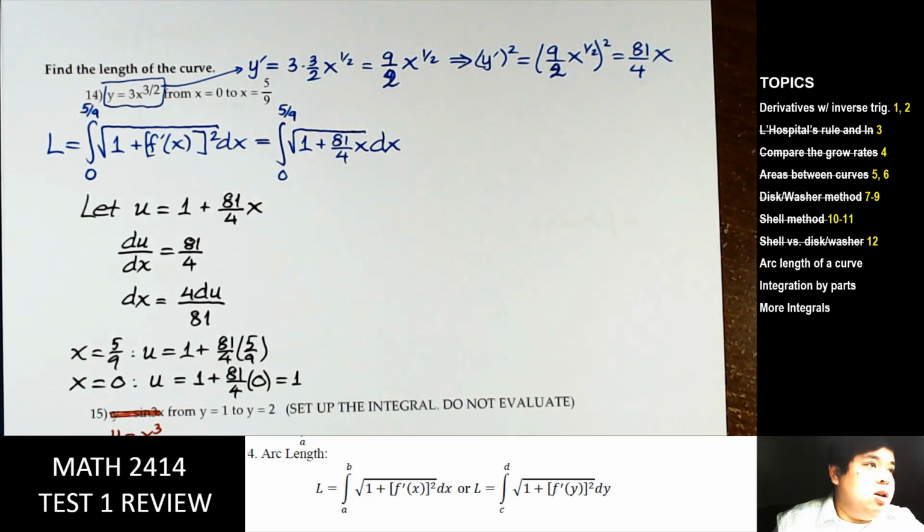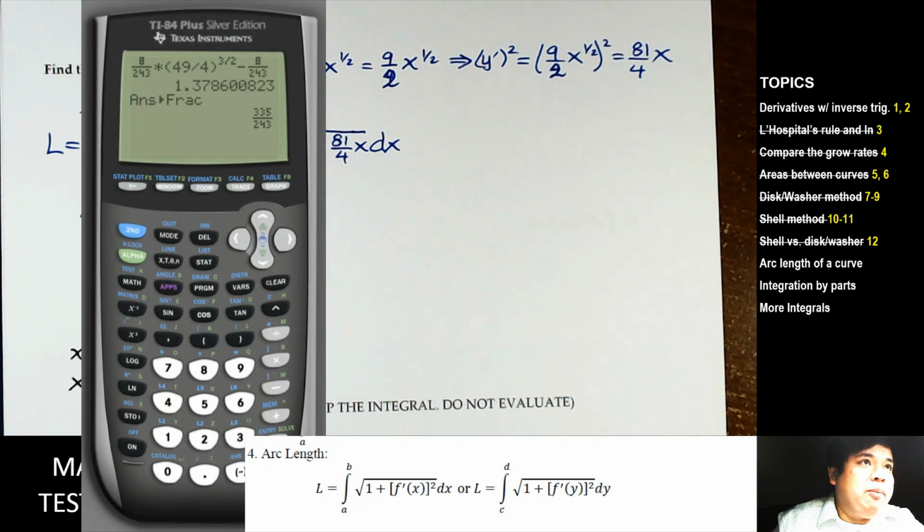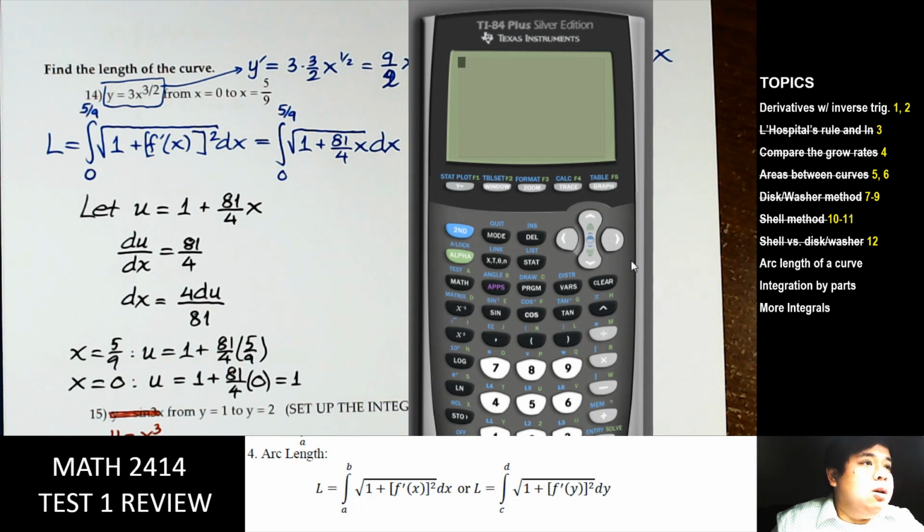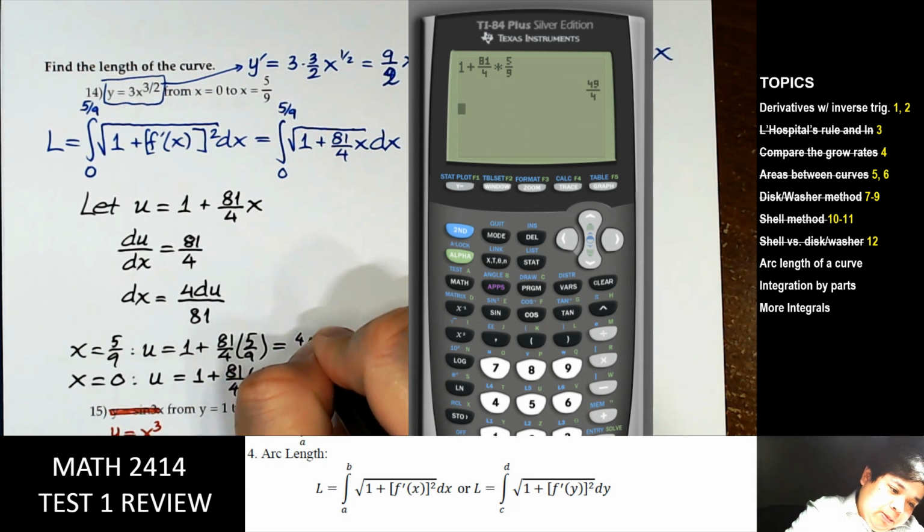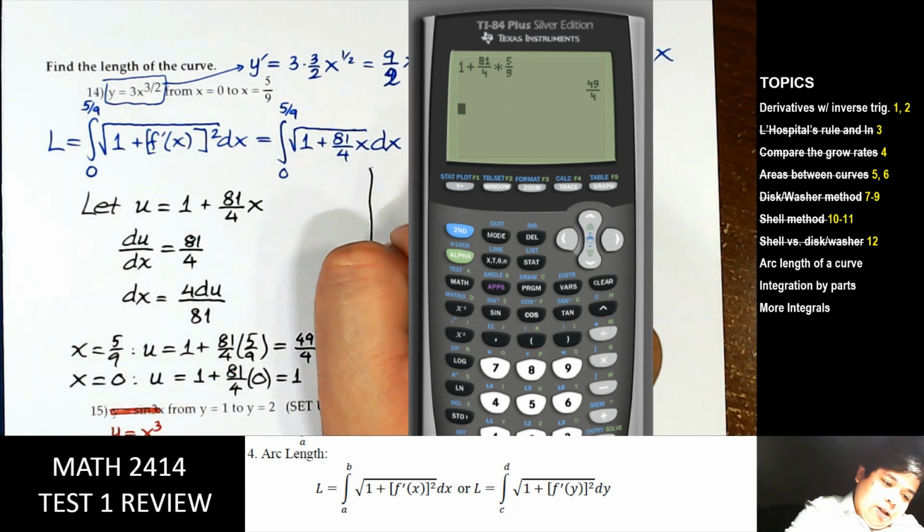Since we have the calculator, we'll just use it. 1 plus fraction 81 over 4 times fraction 5 over 9. Right, 49 over 4.